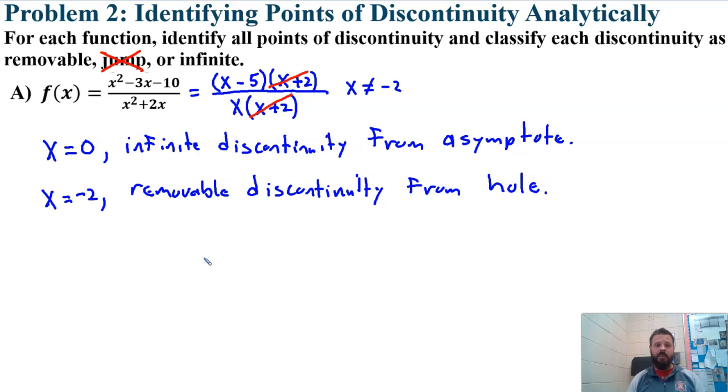All right, so there's an example of what both removable and infinite discontinuities could look like in a problem like this. Part B is the same idea. Why don't you take a minute, pause the video, work through part B, and then hit play to check your answer.